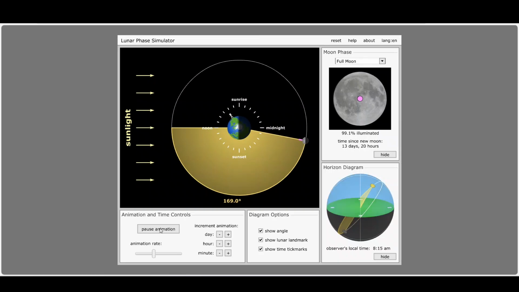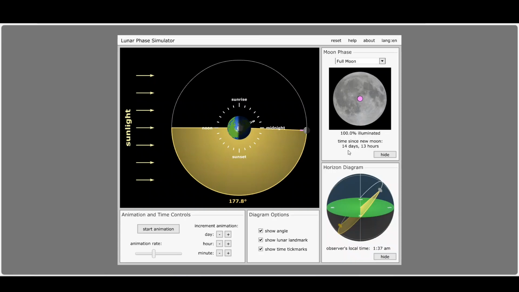As it's approaching 180 degrees, you can see how far apart the angle has changed on the horizon diagram, how much of the full moon you can see. See, even at 177.8 degrees from this observer and the sun, it is 100% illuminated.